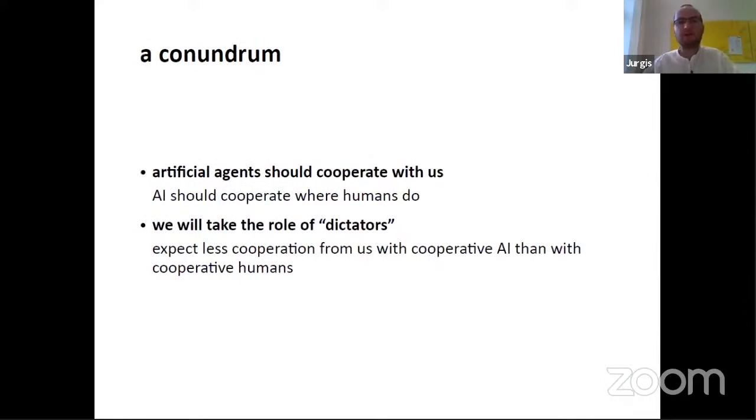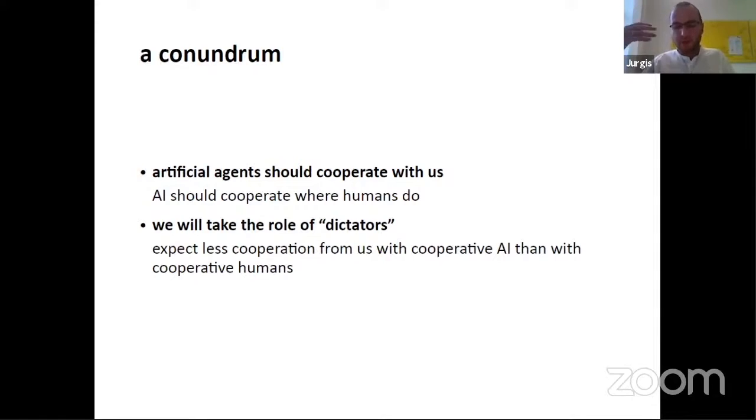Indeed, that would seem to be quite uncomfortable to us. So that leads us to a conundrum. On the one hand, we want artificial agents to cooperate with us. It would be lamentable if the introduction of AI into our society disrupted some patterns of mutual cooperation simply because AI do not cooperate with humans where humans normally do. But on the other hand, if it's true that we often tacitly cooperate with others because we choose our objectives on the fly, and we do that reciprocally with the expectation that others do so too, we should expect less cooperation from us with cooperative AI agents than with cooperative humans.